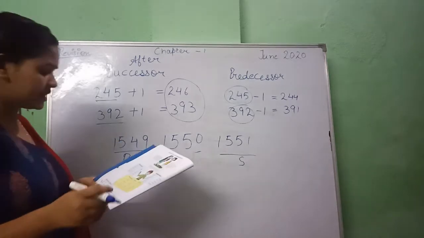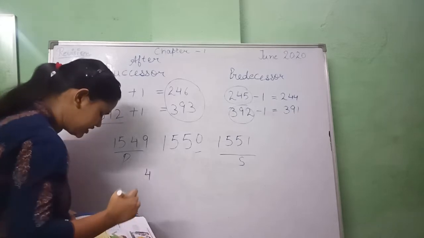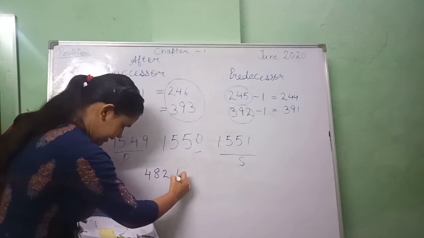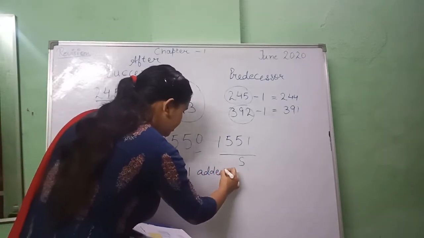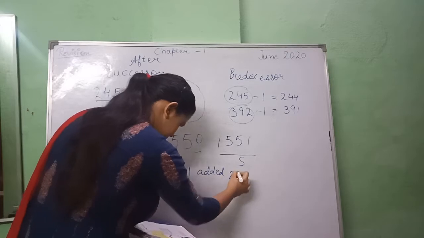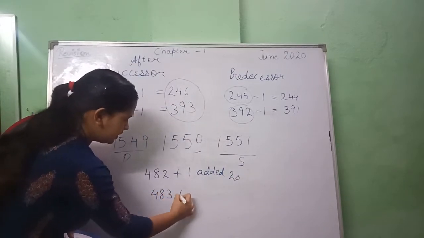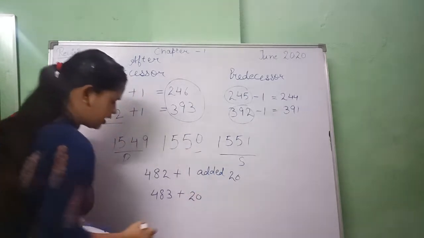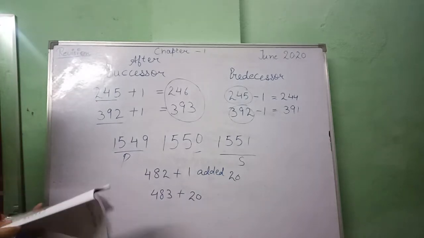Okay, some running sums are given to you, which we can see on page number 18. Add 482 plus 1, and add 20. Now you can see when we add 833 and 20, how much will it become? Tell me.